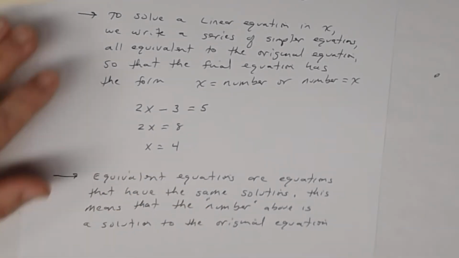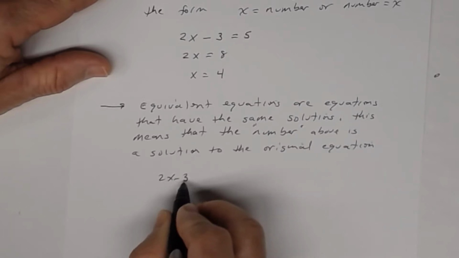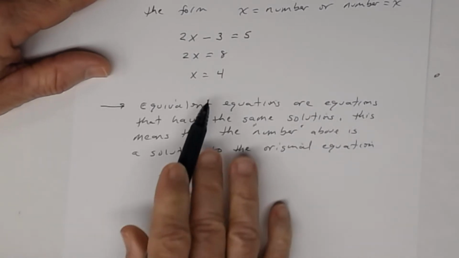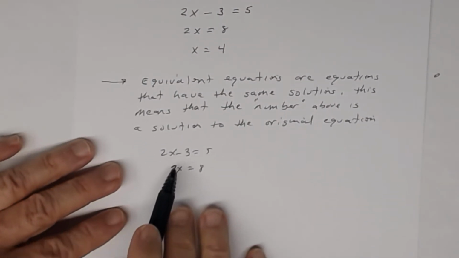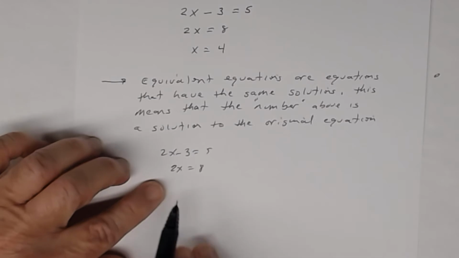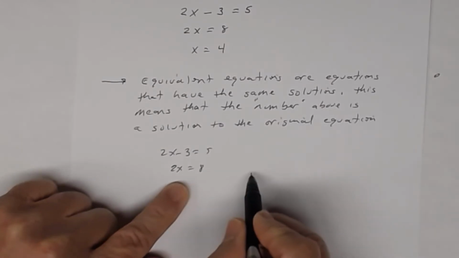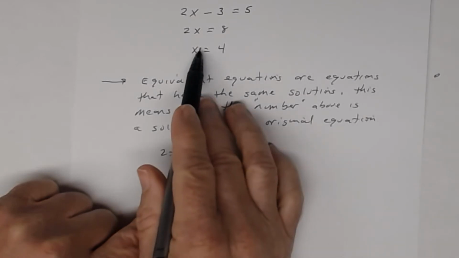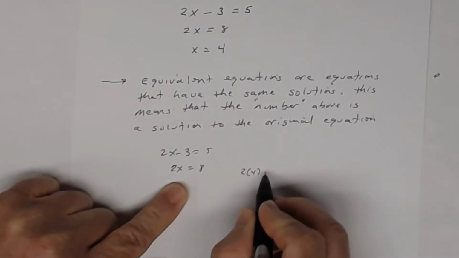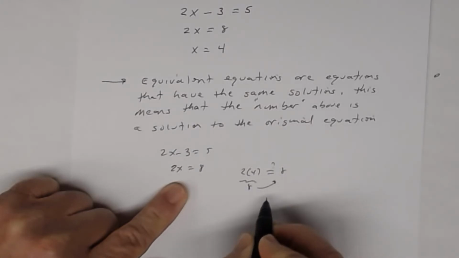So x equals 4. I want to show you. I'm going to write these over. So 2x minus 3 equals 5. 2x equals 8. And then the last statement was x equals 4. So these equations are equivalent. They have the same solution. Because if I substitute 4 here, 2 times 4, you want to see that's equal to 8, and that's true. 2 times 4 is 8, and 8 does equal 8.